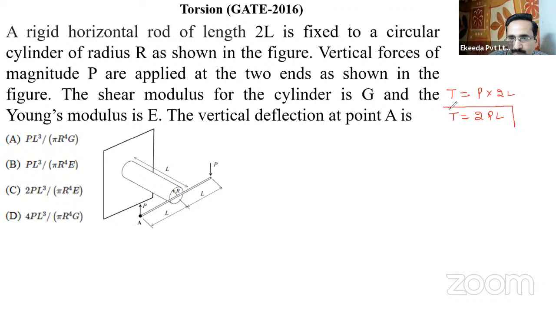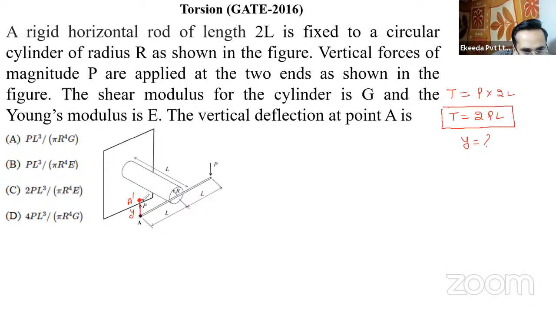This is the torque. So torque is obtained to us, right? If we want to find out the vertical movement of this point A, suppose this point A moves from here to here. Say this is point A dash. This distance, vertical deflection, is Y. This Y we have to find out.